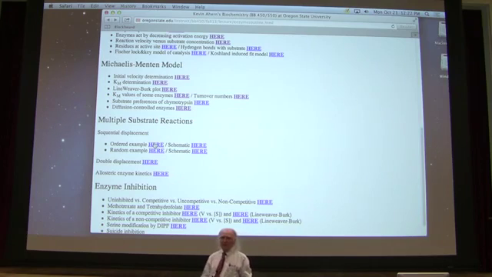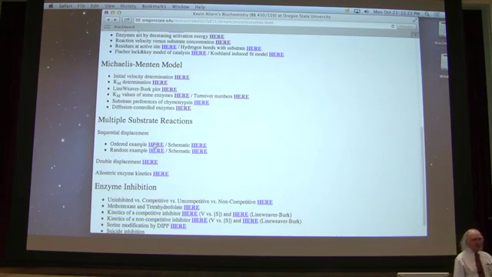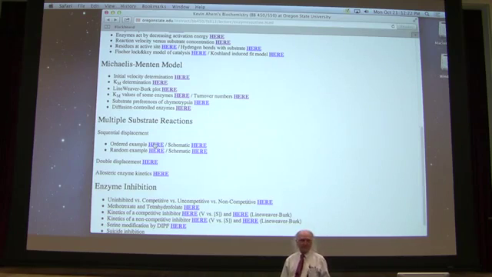Now, that enzyme that binds those two things, we could say, well, does it bind them in a specific order? That is, does it bind the ATP first and then the glucose? Does it bind the glucose first and then the ATP? Or does it not matter? Those are our possibilities.